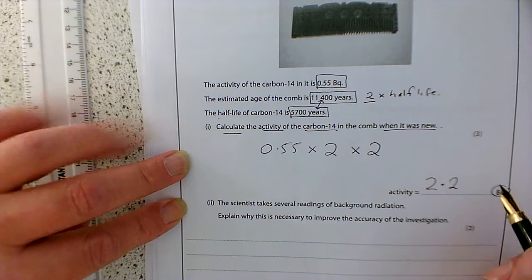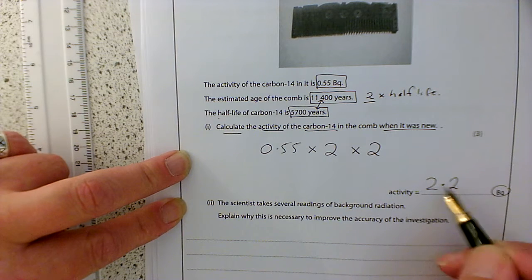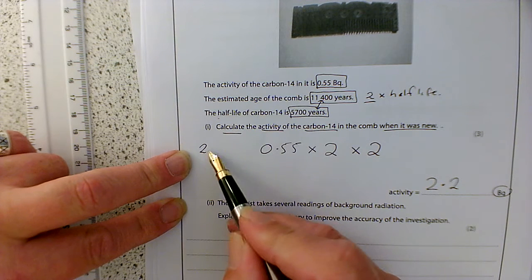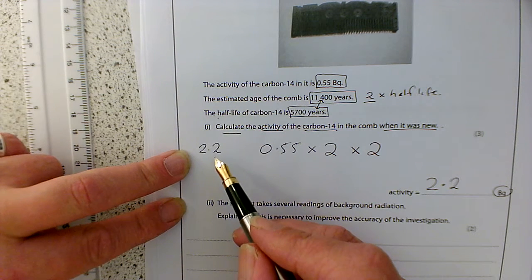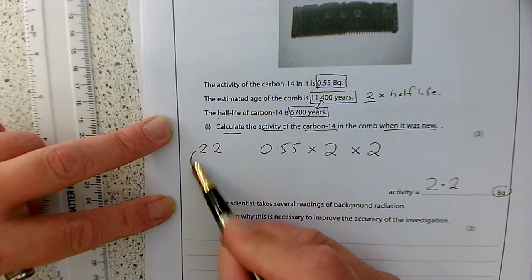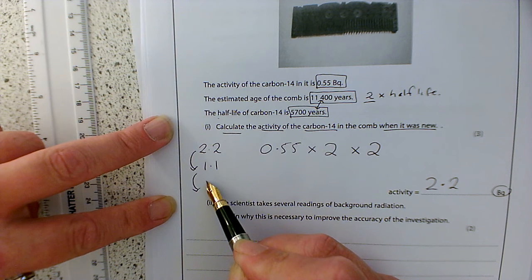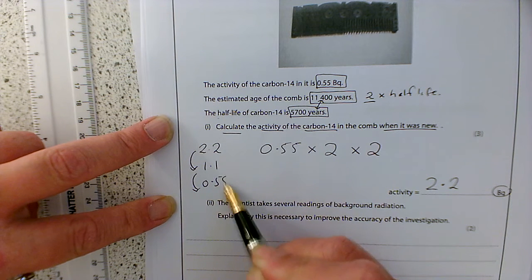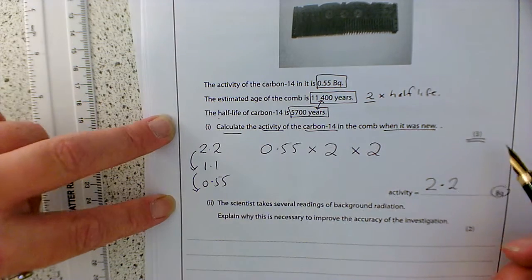It's a half-life question in reverse. If it started off at 2.2, after 1 half-life it goes down to 1.1, and after another half-life, it goes down to 0.55. Easy peasy. 3 marks for that.